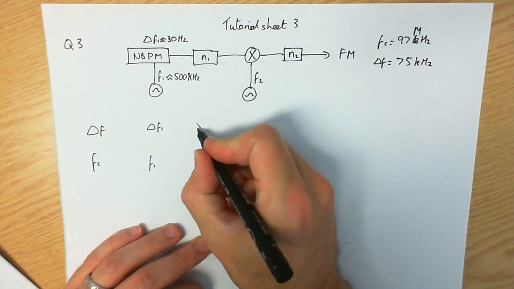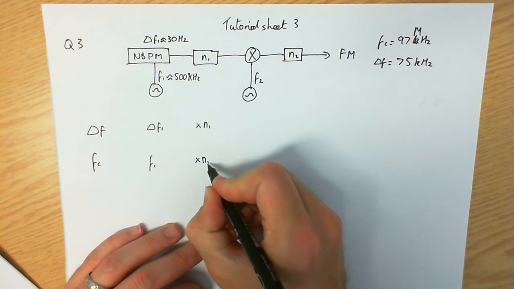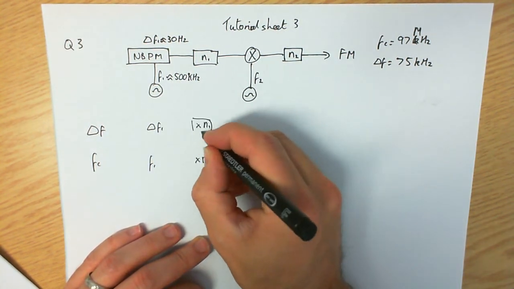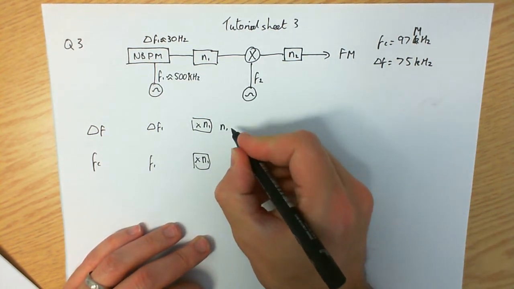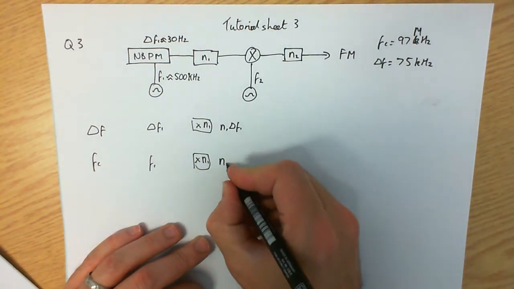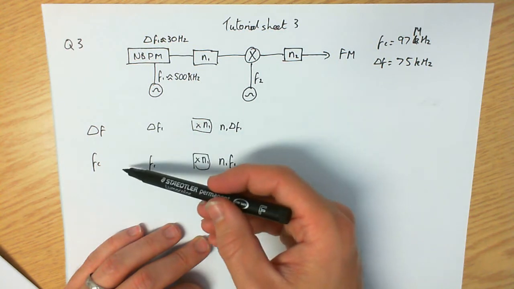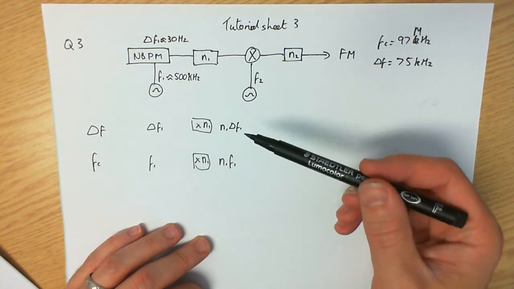In other words, we're multiplying everything by N1, so the output of this is going to be N1 delta F1 and N1 F1. Both the frequency deviation and the carrier frequency are going to increase by that factor N1.